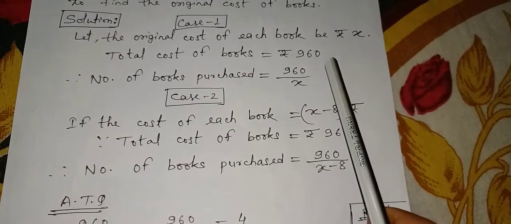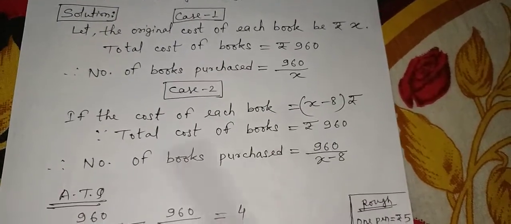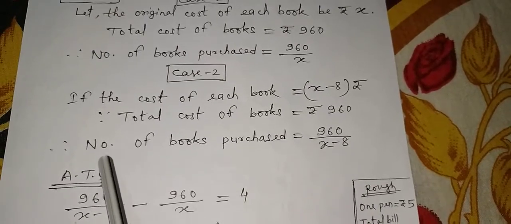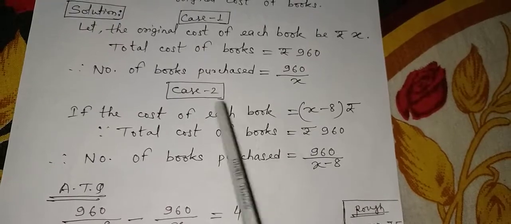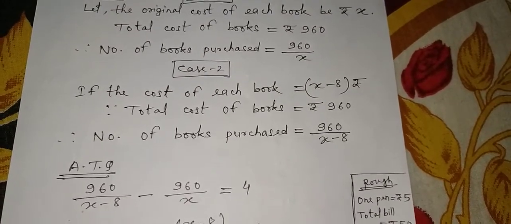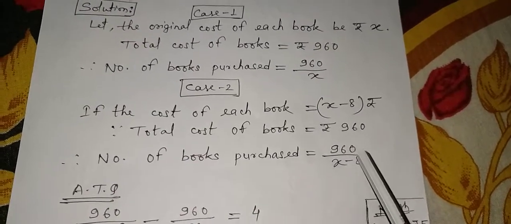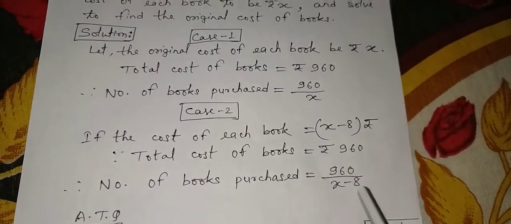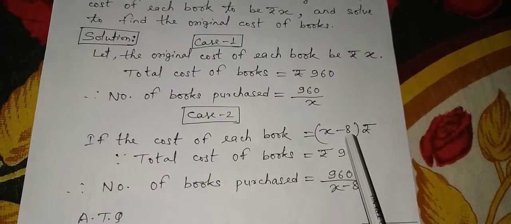He doesn't want to spend more than rupees 960. So the total cost is the same, rupees 960. Now the number of books purchased will be total bill by cost of each book, that is 960 by x minus 8. But here in case 2 what happened? The number of books purchased was more because the price of each book had been decreased by rupees 8.